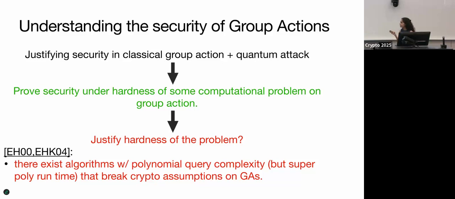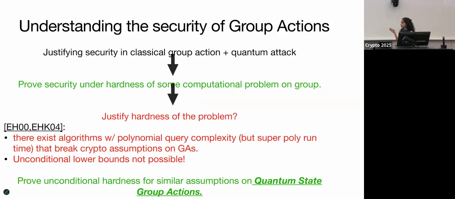This is not clear because even in the generic model, where we have an adversary making black box queries to the group action, we have algorithms with polynomial query complexity, though they are inefficient, that break these crypto assumptions on group actions. So unconditional lower bounds are not possible even in the generic model where the adversary is just making black box queries to the group action.